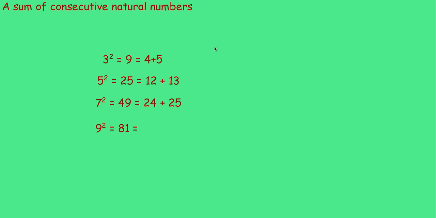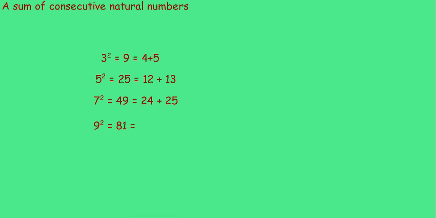Now look at all the above patterns. When it is 3 square, the numbers are 4 plus 5. When it is 5 square, the numbers are 12 and 13. How will it be? Look at the first number. If you get the first number, the next number you can automatically find.